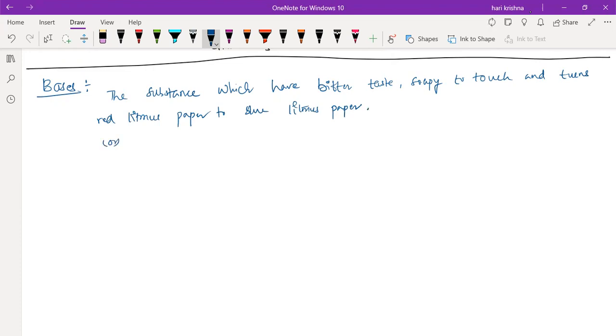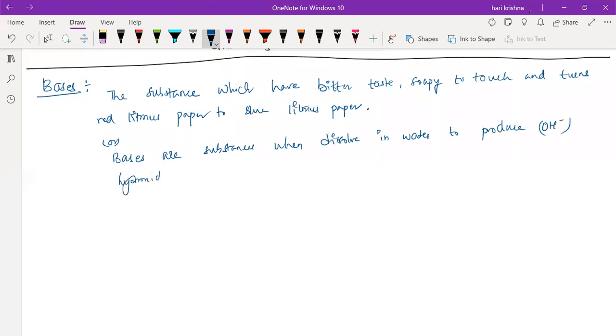Our simple definition is that a base is a substance which, dissolved in water, will produce which ions?